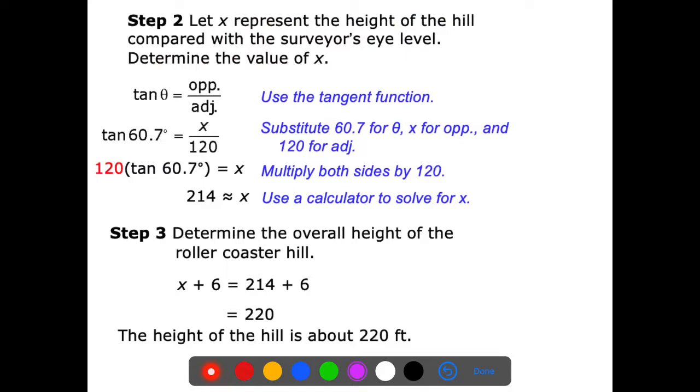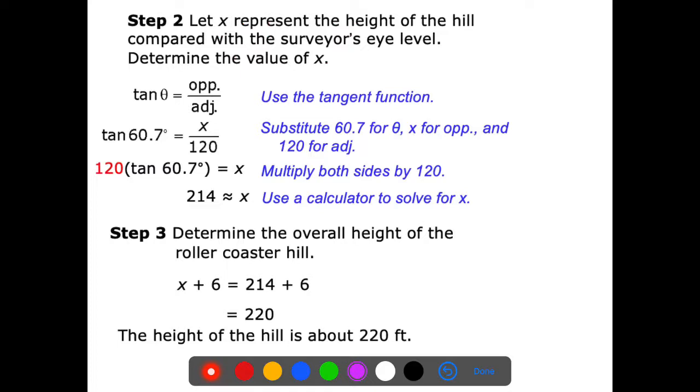Step 2, let x represent the height of the hill compared with the surveyor's eye level, and then determine the value of x. So here we're going to use the tangent, and then your angle is 60.7, so plug that in for theta.